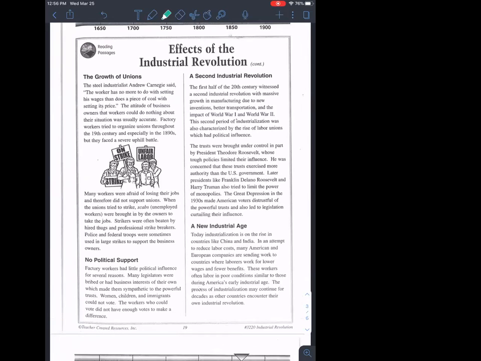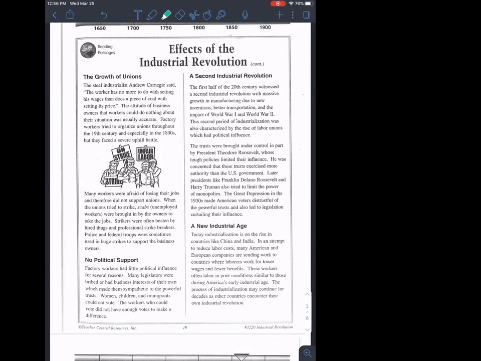The steel industrialist Andrew Carnegie said, "The worker has no more to do with setting his wages than a piece of coal with setting its price." The attitude of business owners that workers could do nothing about their situation was usually accurate. Factory workers tried to organize unions throughout the 19th century, and especially in the 1890s, but they faced a severe uphill battle.